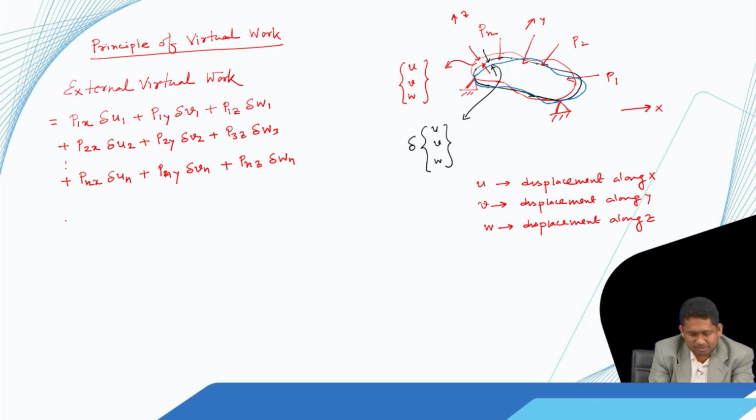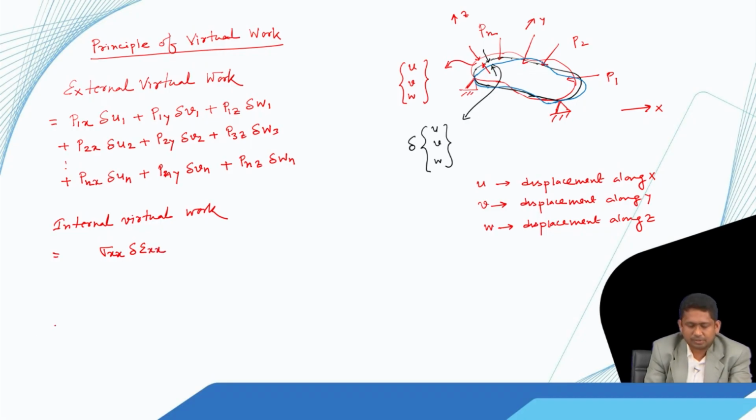So, now let us define something called internal virtual work. Internal virtual work is equal to sigma xx multiplied by, so we know sigma xx is the normal stress along direction 1, multiplied by the virtual normal strain along direction 1, that is the internal virtual work corresponding to this xx.